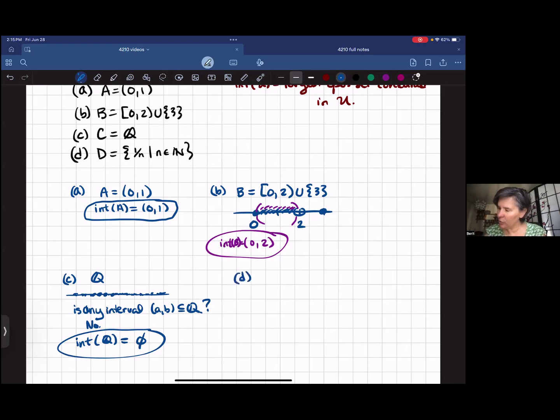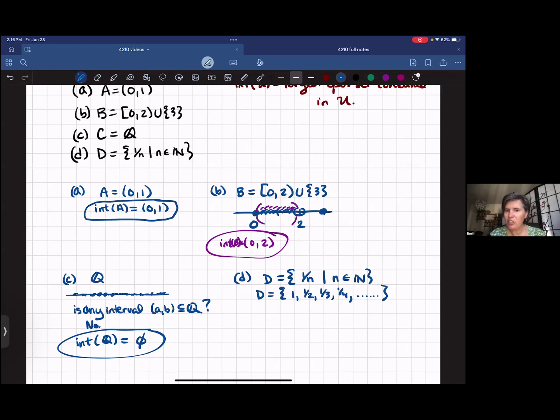And then the last one is the set D, where the elements of D look like 1 over n, where n is a natural number. Another way to write D would be to list them out: 1, 1/2, 1/3, 1/4, and so on. Can I find any interval which is contained inside of D?